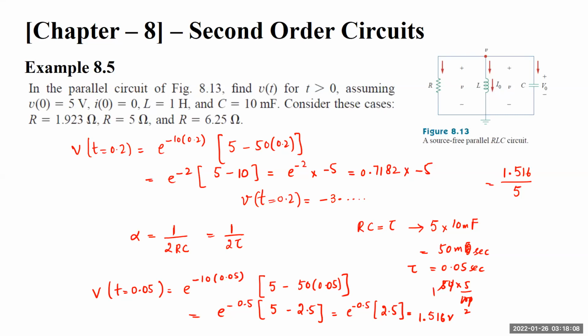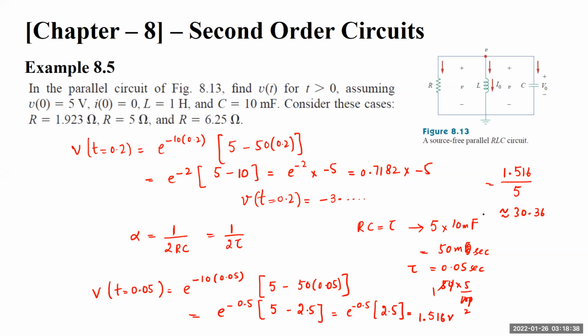What did we get? If we simply divide 1.516 by 5, you get around 30%. So what happened after this time?